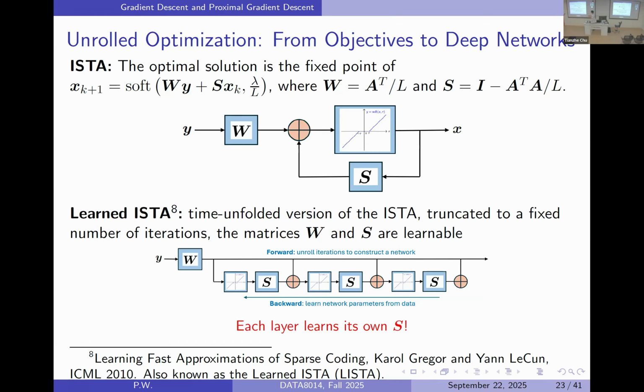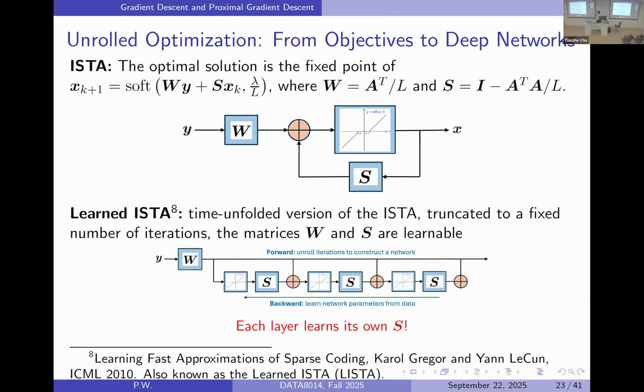If you consider the time-unfolded version, you unroll these iterations and get a neural network. Of course, you need to truncate it to some fixed number of iterations, like three iterations, and then you get a neural network.